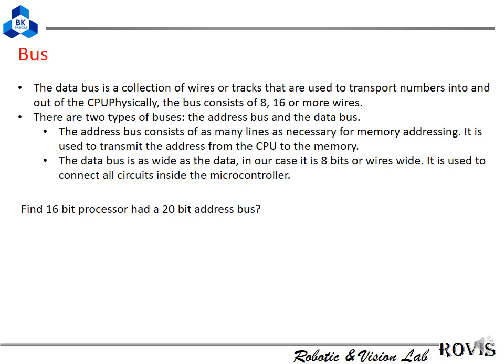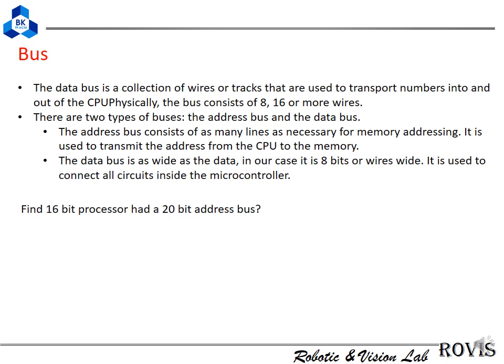Okay, the next one is the bus. Really, I already discussed with you what the bus is, right? The bus is just a collection of electrical wires. When we collect a number of wires into one, this is called a bus.